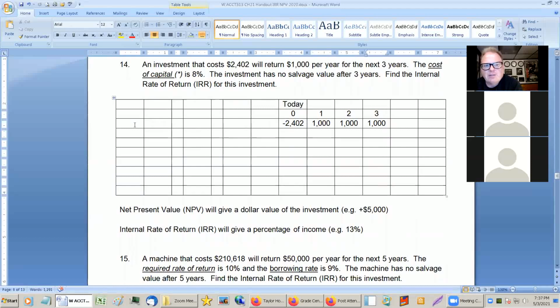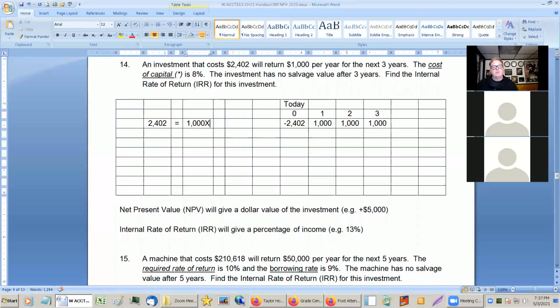So it's kind of like this. We have to make $2,402 equal 1,000, and then the 1,000 will be times some X factor.